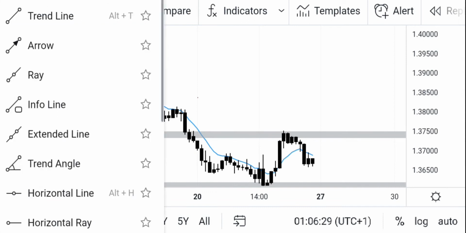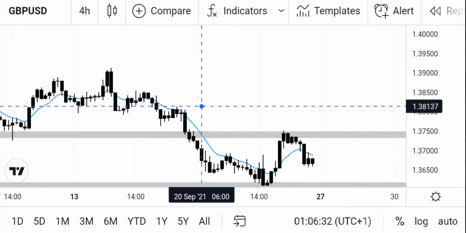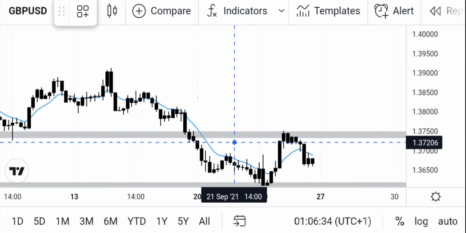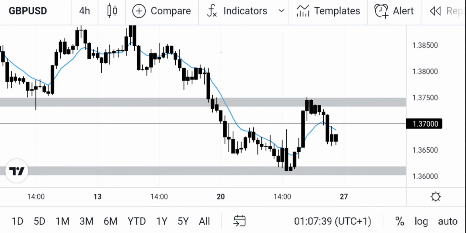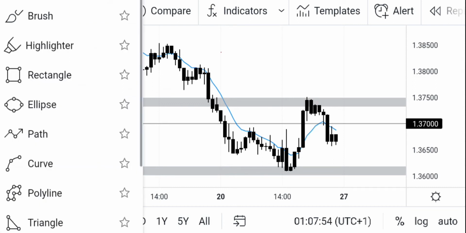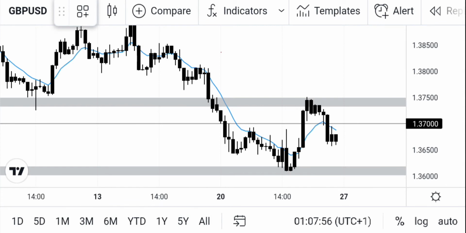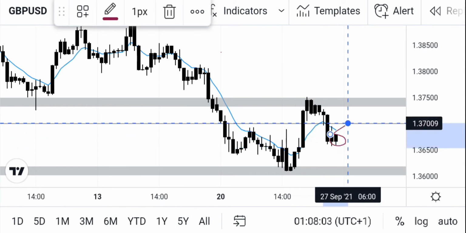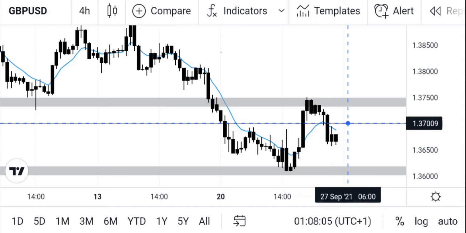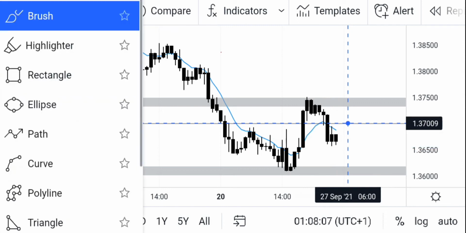Let's place our psychological level here, which is the 1.3700 level. We can basically see how price broke the 1.3700 level on the GBP/USD, but price made a build up around the zone, which is a 4 hour build up or consolidation on the 4 hour time frame.